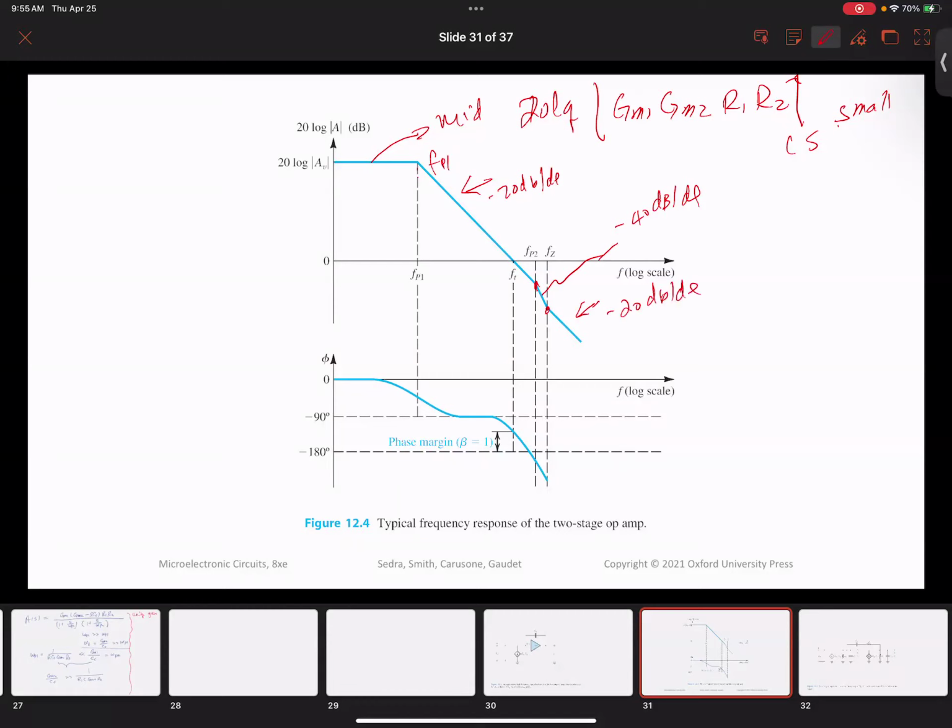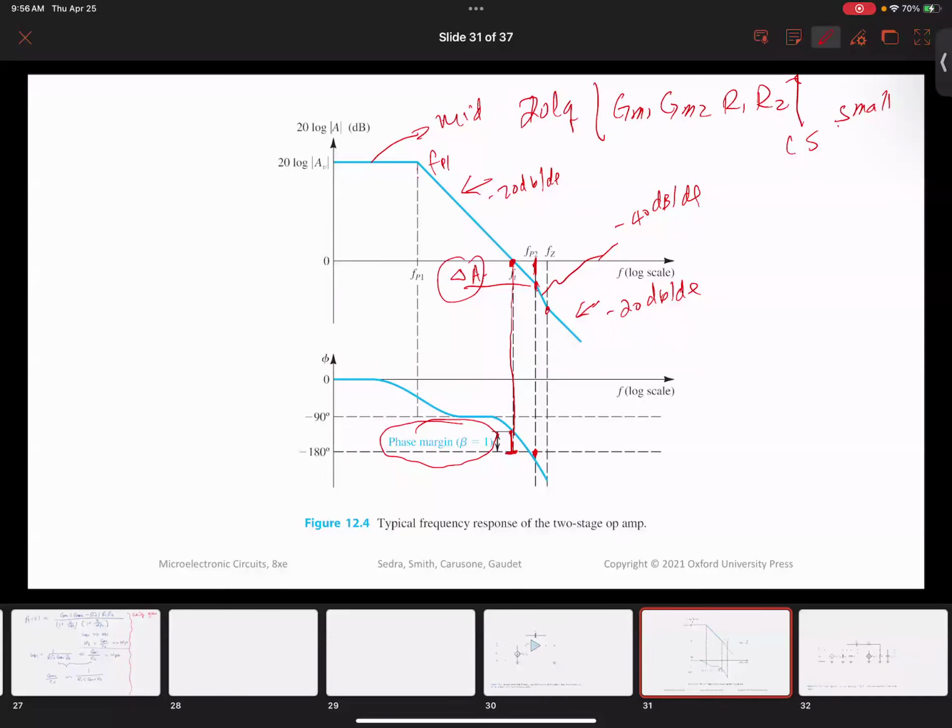And the phase margin is calculated at unit gain, looking at how far you are from 180 degrees, that's your phase margin, and between the 180 degrees to here gives you your gain margin.